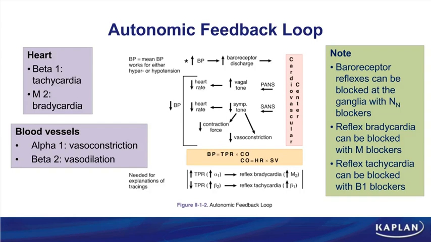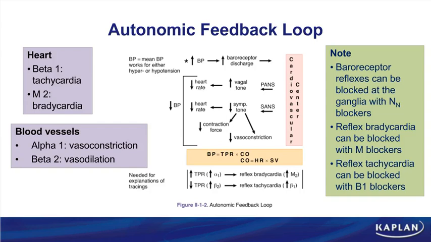A classic Step 1 question would be to discuss not just the alpha-1 agonist, but perhaps the effect of a pretreatment with another drug on that alpha-1 agonist. For example, what if you pretreated with a muscarinic blocker and then you gave an alpha-1 agonist? How would that change the scenario?